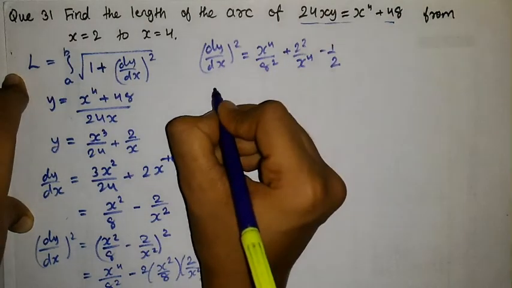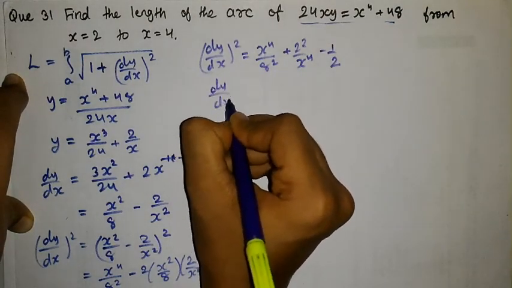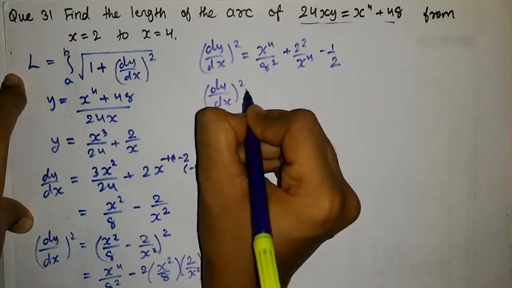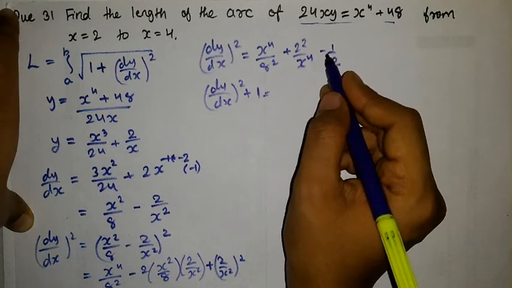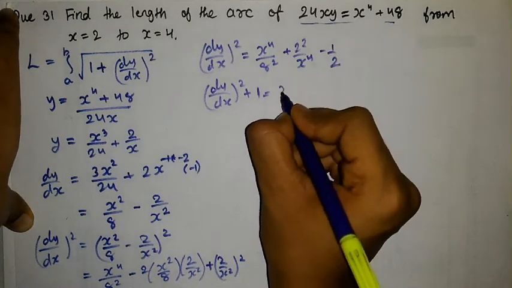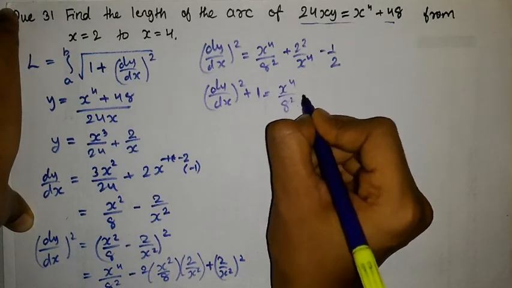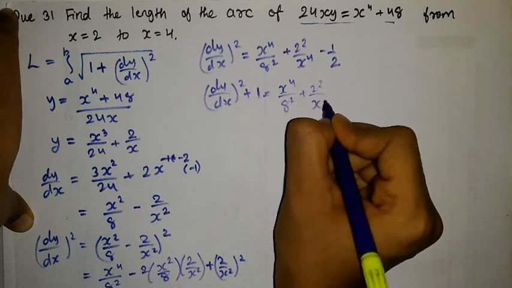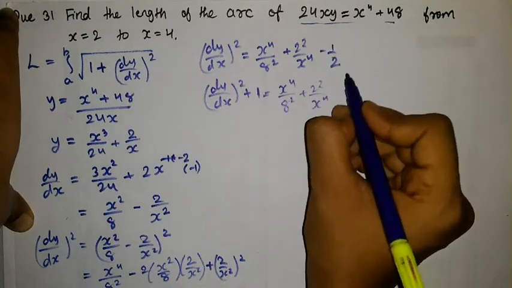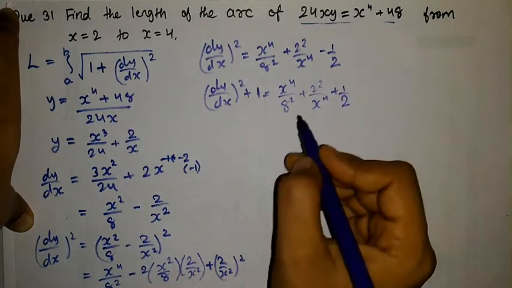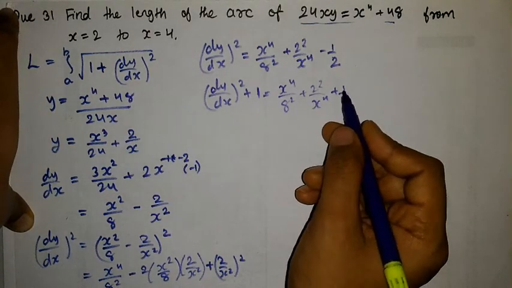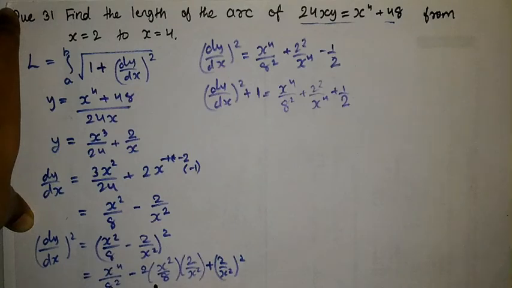Our third step is (dy/dx) whole square plus 1. Now adding 1, we can clearly see minus 1 by 2 plus 1 will be plus 1 by 2, so we get x^4 upon 8 square plus 2 square upon x^4 plus 1 by 2. Now can we write this term in whole square form?